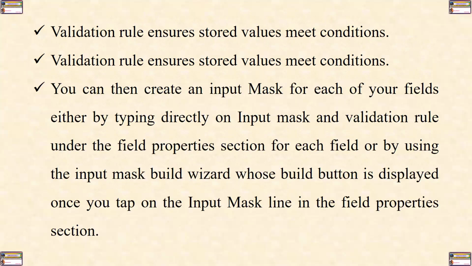You can then create an input mask for each of your fields, either by typing directly on the input mask and validation rule in the field properties section for each field, or by using the input mask build wizard, whose build button is displayed once you tap on the input mask line in the field properties section.